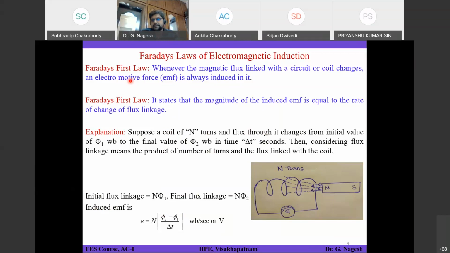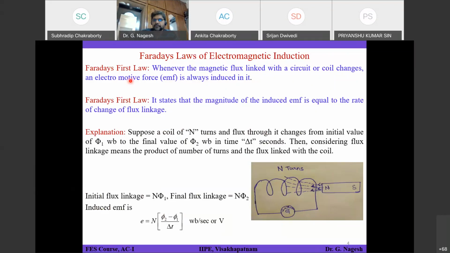Then there is a chance of EMF getting induced in the circuit which is getting cut by this flux. So whenever the flux changes with respect to time, an EMF is always induced in the coil.